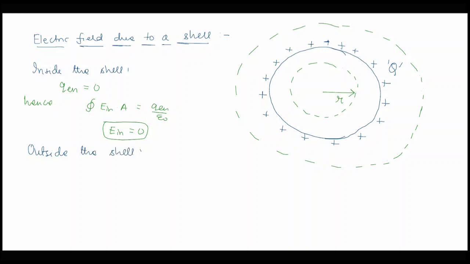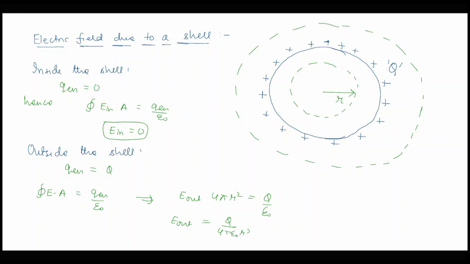So outside the shell, the charge enclosed is equal to the total charge on the shell. If we apply the cyclic integral of E dot A is equal to Q enclosed by epsilon naught, then E outside into 4 pi r square is equal to Q upon epsilon naught, and hence the electric field outside is equal to Q upon 4 pi epsilon naught r square.